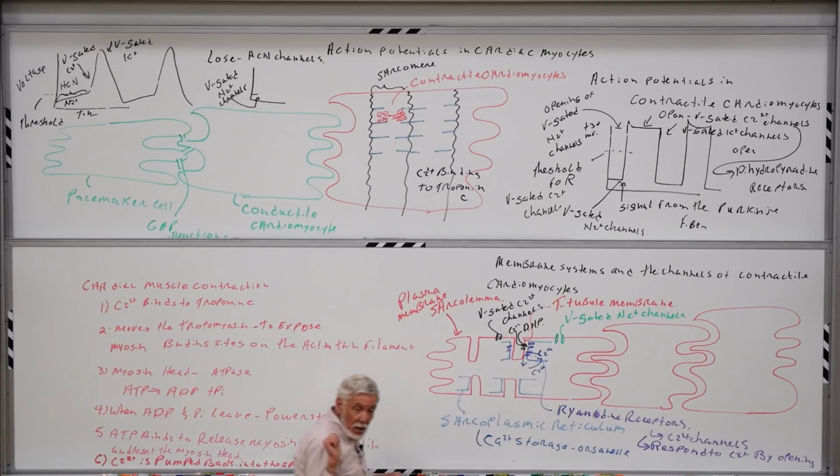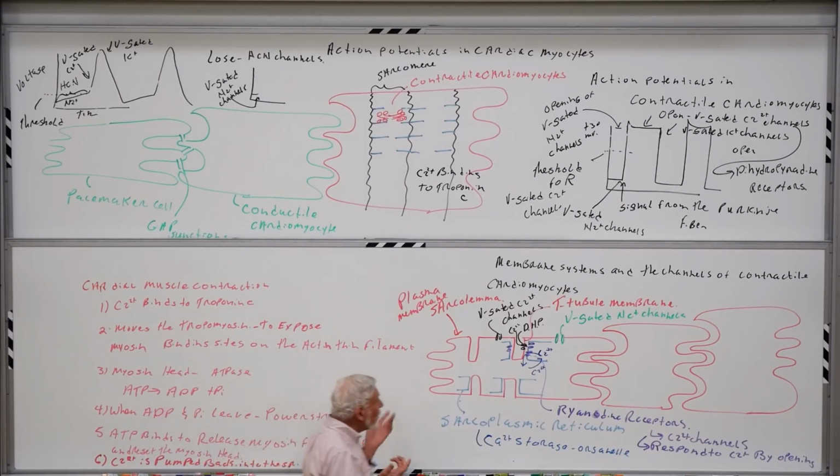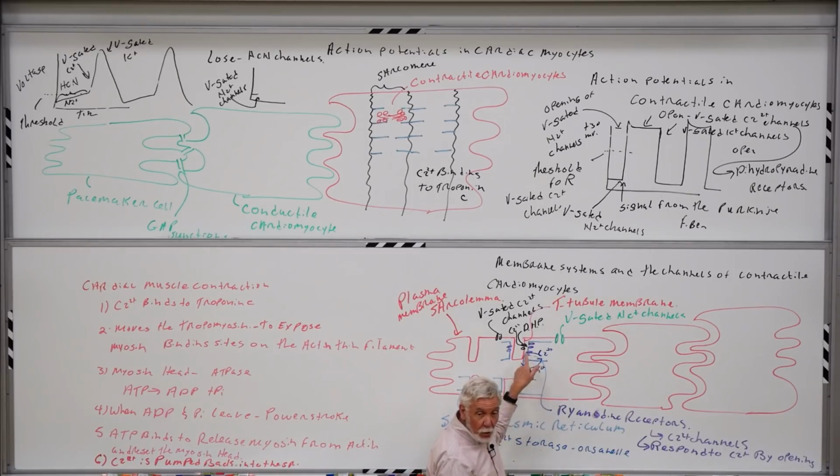Yes? So why not stick with the mechanical mechanism of the DHP receptor? So the question is, why don't we simply have the mechanical arrangement that we had in skeletal muscle? Again, why questions are difficult, but I suspect what's going on here is that in skeletal muscle, everything is predicated on speed.